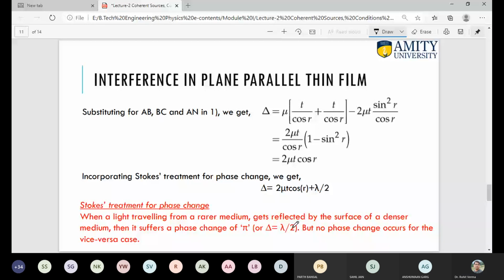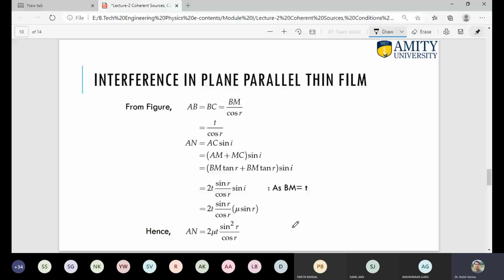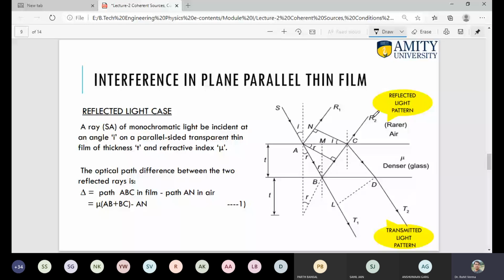reflected light, this ray R2 is reflected from the surface of a denser medium. This is the surface of a denser medium. So this ray is reflected from the surface of a denser medium. That is why we are adding lambda by 2 in the determined path difference.